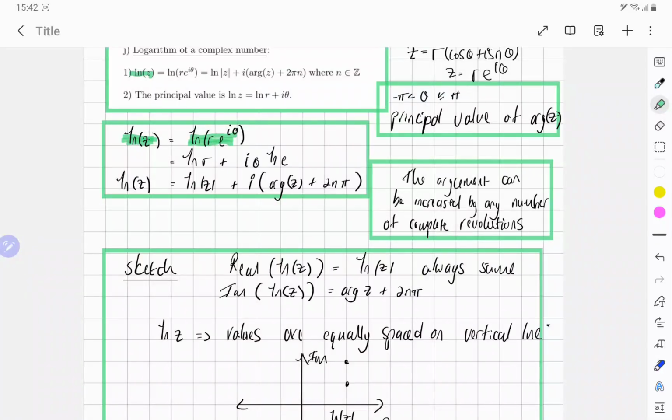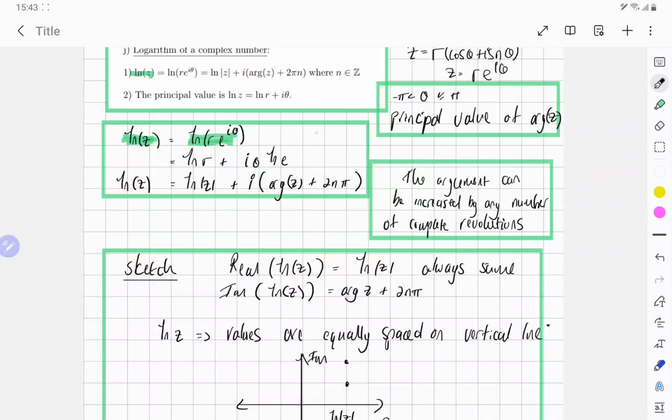Now, when we do our ln laws, ln of a product is a sum of ln's. So ln AB is ln A plus ln B, if you recall that from first year. So here we have ln r plus i theta ln e.